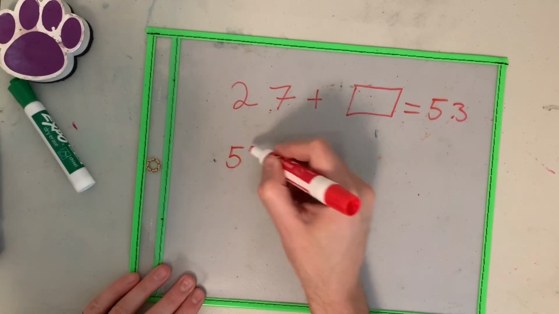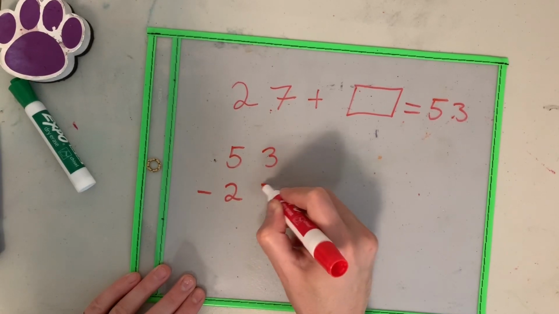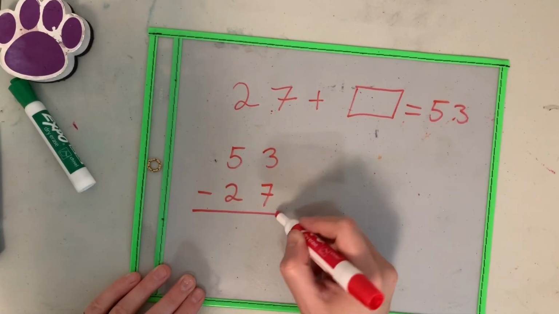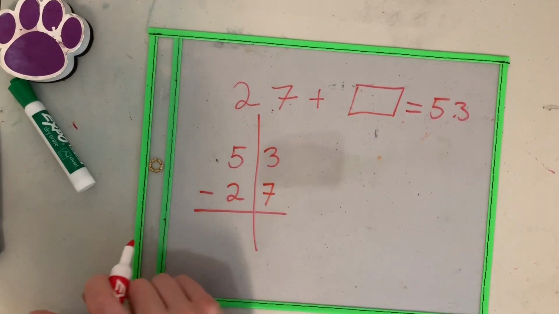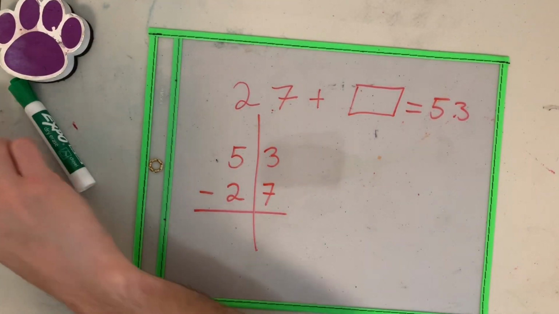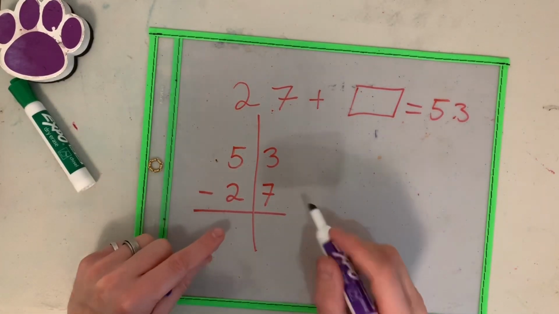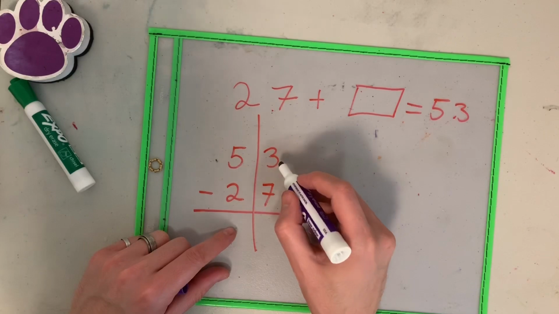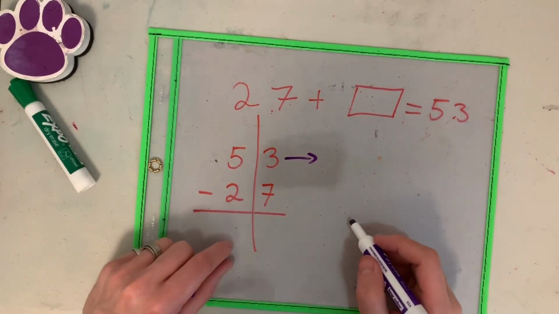So I go 53 minus 27. Good. Now let me do the base 10 block strategies. Remember, when we subtract on base 10 block, we only draw the greatest number, 53. Cuando restamos, solamente dibujamos 53.